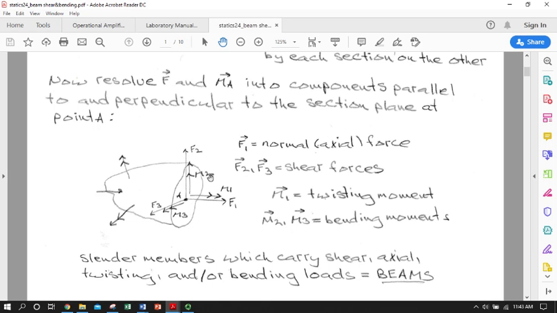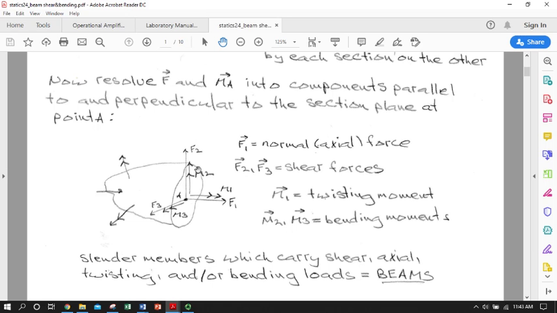Vector addition to the rescue, and since they're being applied in different orthogonal directions, they'll just end up being additive for a resultant. They won't add to themselves because they're in separate orthogonal directions.